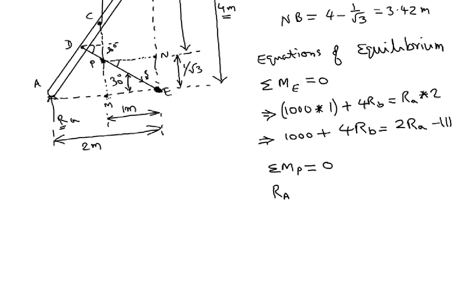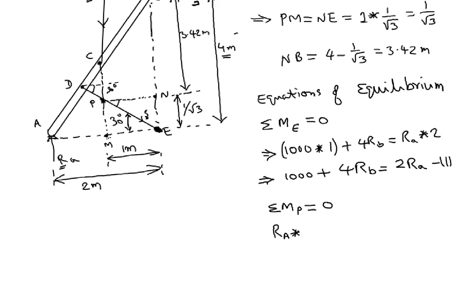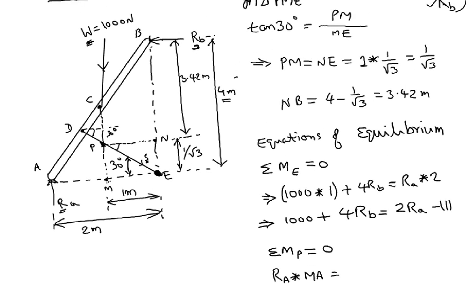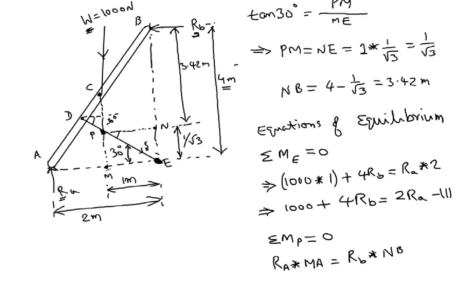So RA multiplied by the moment arm from P to A, that is MA, should be equal to RB multiplied by its moment arm, the perpendicular distance from P to RB, which is NB.